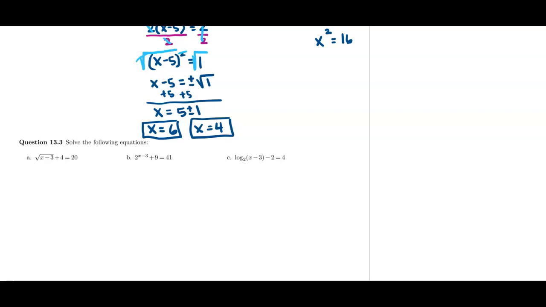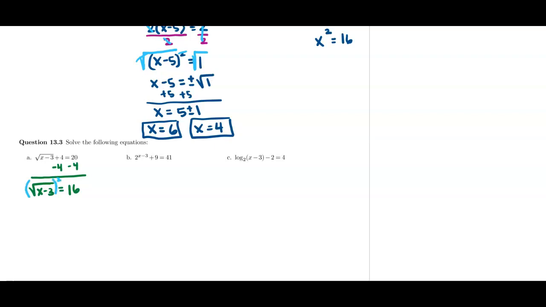All right, so you subtracted 4 first, which is a great place to start because remember, we're trying to get the square root part by itself. So when we do that, we'll have the square root of x minus 3 equals 20 minus 4, which is 16. Now, what do we do to solve for x? What would be next? Okay, square both sides.